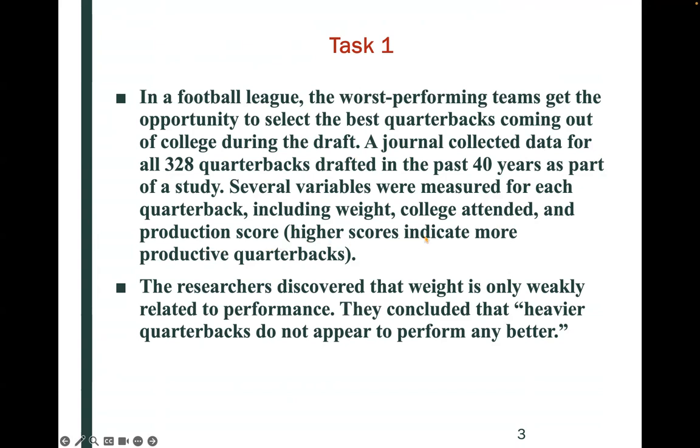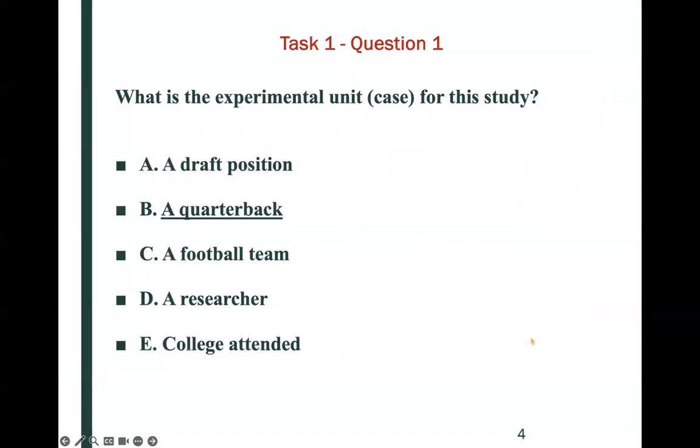Higher scores indicate more productive quarterbacks. The researchers discovered that weight is only weakly related to performance. They concluded that heavier quarterbacks do not appear to perform any better. What is the experimental unit for this study? So here the answer, spoiler alert, is quarterback, but let's talk about why.